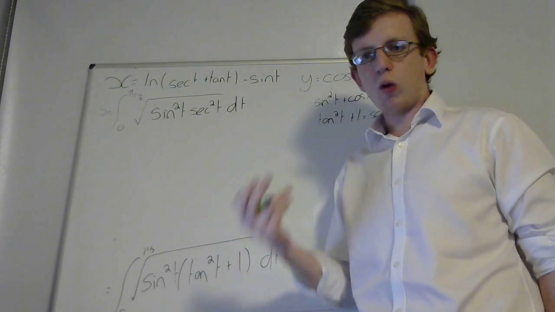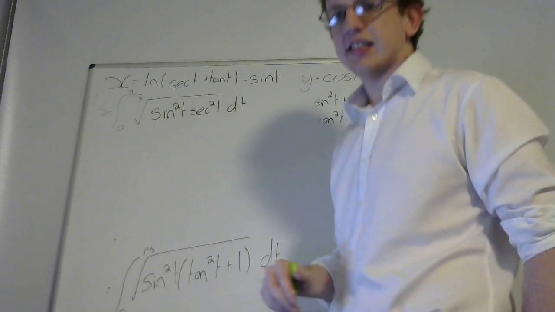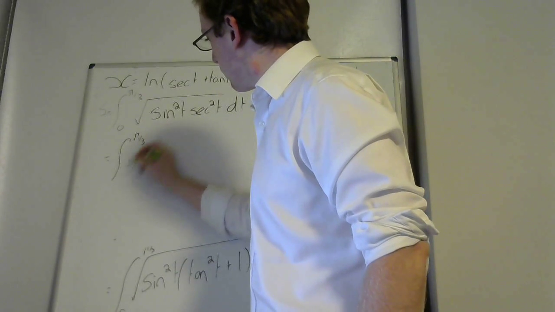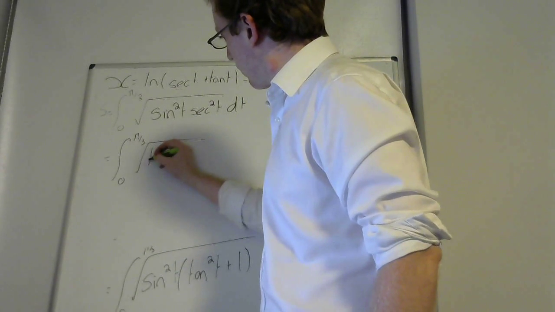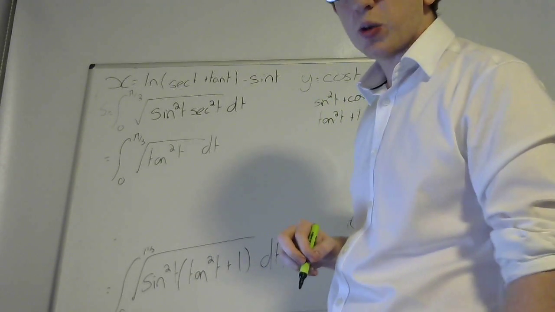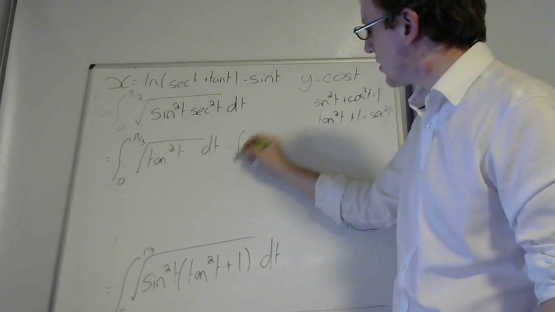Sec squared is just 1 over cos squared. So sine squared over cos squared, that's tan squared. Square root of tan squared is just tan. Again, I'm being a little bit cheeky, I'm staying on the same line.